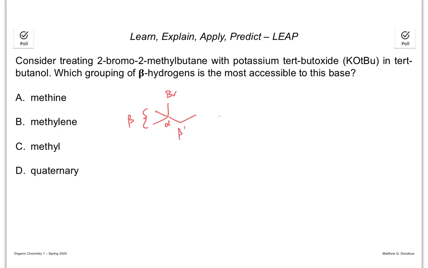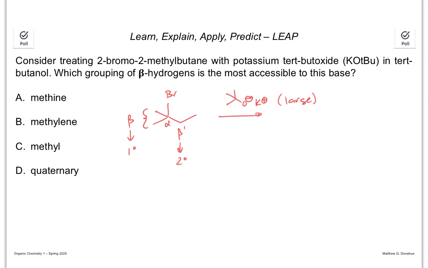If we were going to treat that with potassium tert-butoxide, that's considered a large base. The question says, which grouping of beta hydrogens is the most accessible to this base? Remember, we're only considering those betas. These are classified as primary. Those are classified as secondary.